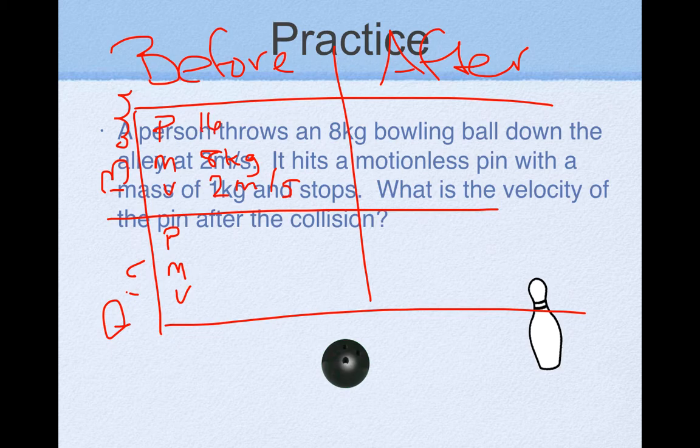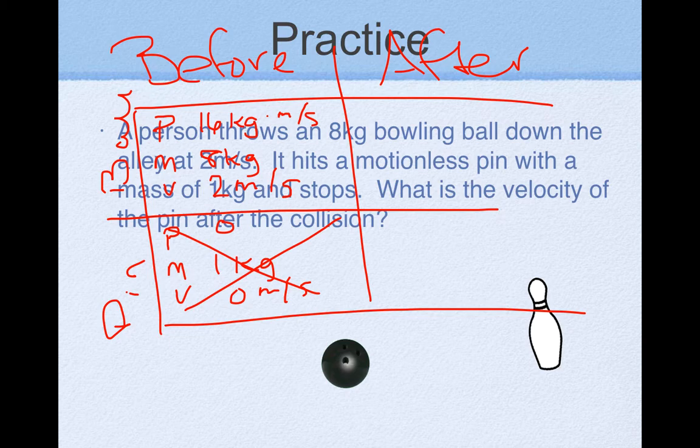That is 16 kilogram meters per second. We can do the same thing with the pin. Our pin has a mass of 1 kilogram and it's motionless, so the velocity is 0. So then the momentum of the pin is 0. It has no momentum, so we can cross that out. So what's the momentum of the entire system before?